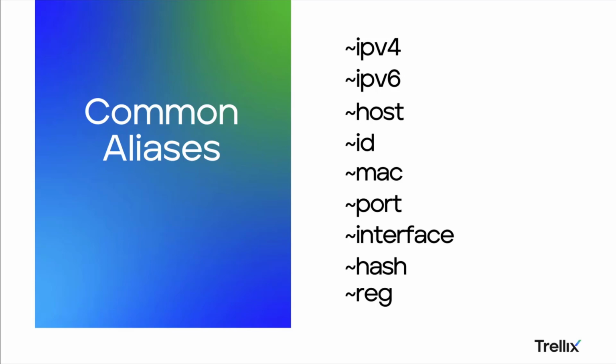We've got documentation that will list out the full list of which aliases we have, but we find these to be the most useful or most common, things like IPv4, which I showed, IPv6. We can search fields with hostname data, ports, interfaces, and so on. So definitely explore this when you have a chance to get into your own environment.